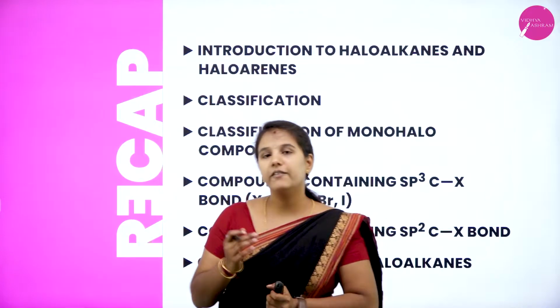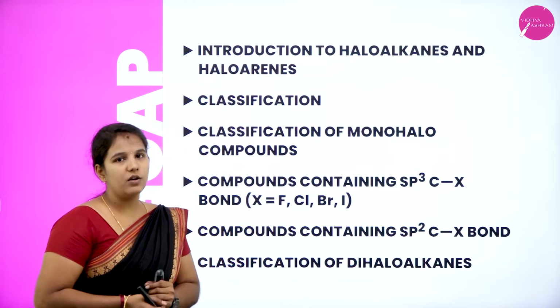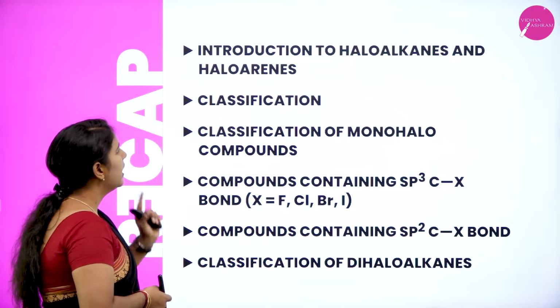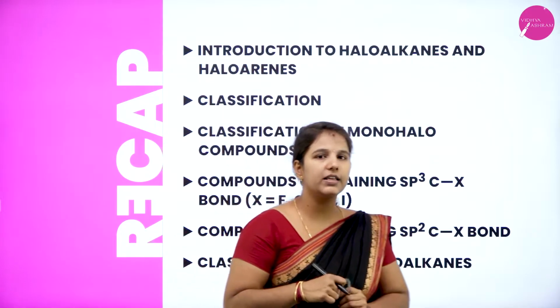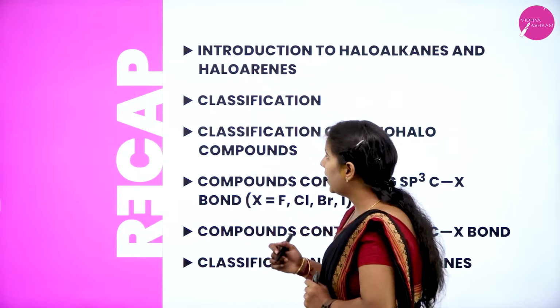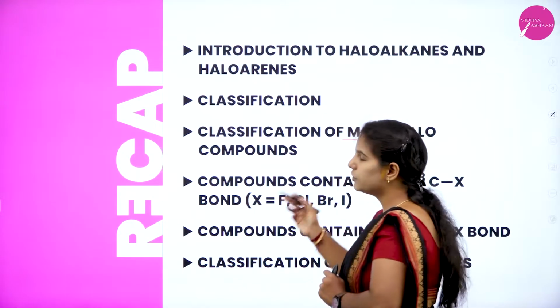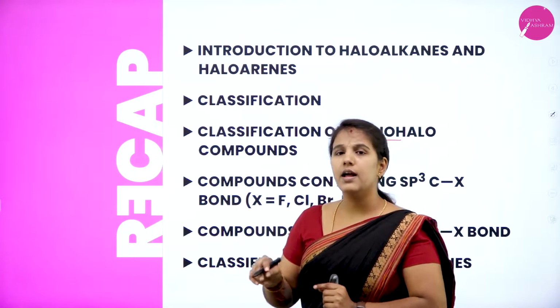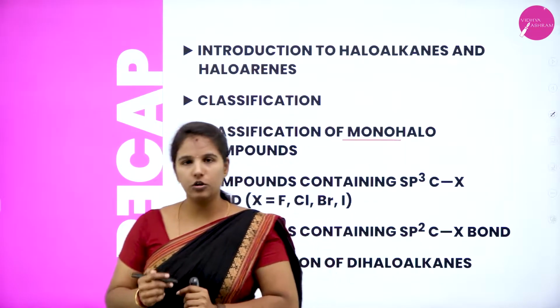My dear students, in our last discussion, we were dealing with the unit called Haloalkanes and Haloarenes. Under this, we have studied the introduction to Haloalkanes and Haloarenes, and also the classifications of Haloalkanes and Haloarenes based upon the number of halogen atoms. In that, mainly we studied the classifications of monohalo compounds.